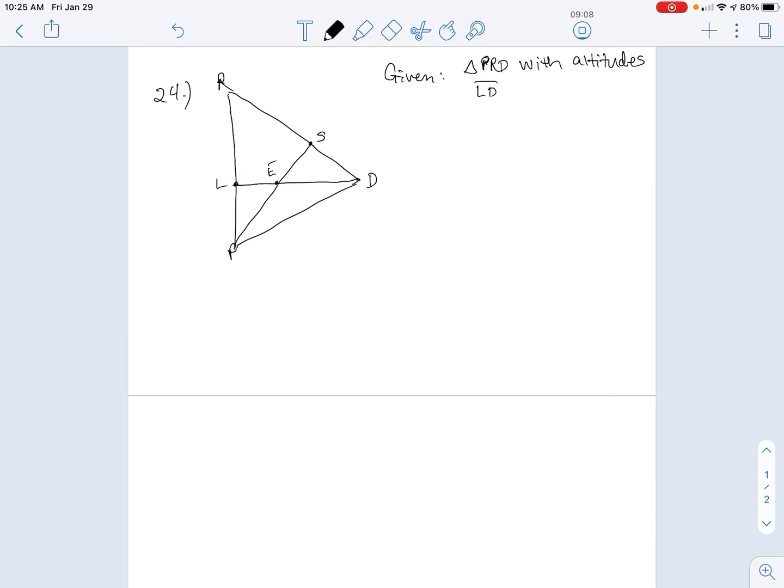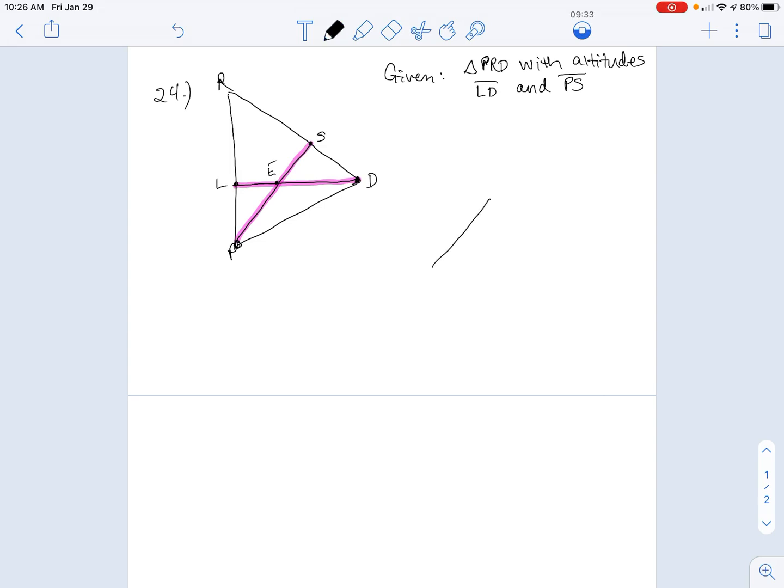With altitudes LD and PS, that is showing the height of that triangle from 2 different vertices. Okay, because if you look at LD, it starts up here and runs down. If you look at PS, it starts at this vertex at P and runs down. Okay, so we have 2 altitudes.